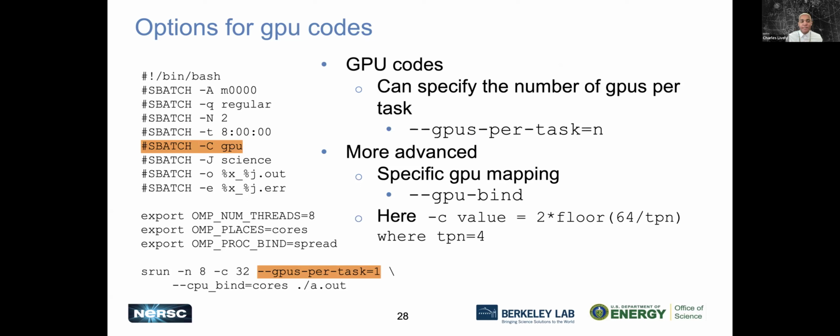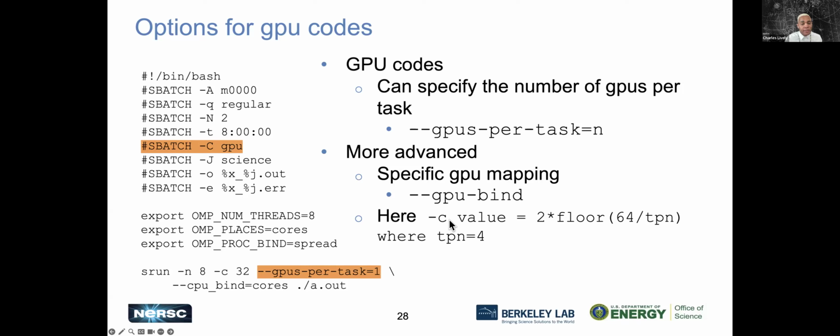Different options to consider for GPU-enabled codes: with the GPU, you can specify the number of GPUs per task using the GPUs per task flag. And then you can also specify more specific GPU binding as well.